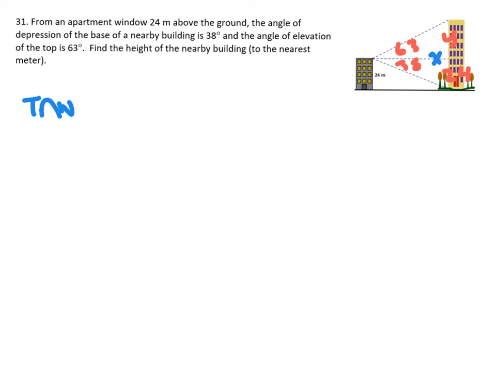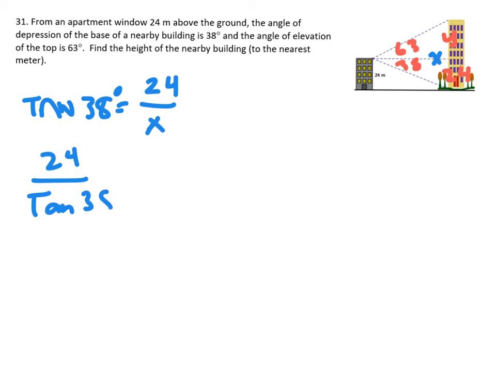The tangent of 38 degrees is opposite over adjacent. Notice that the x is in the denominator. So our answer becomes 24 divided by the tangent of 38. So let's do that. 24 divided by the tangent of 38 gives us 30.72 basically.